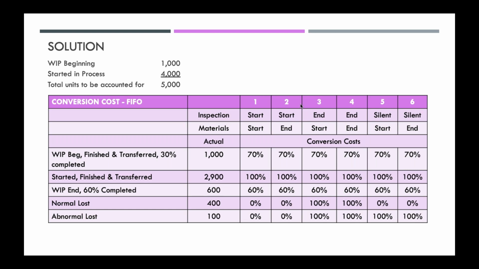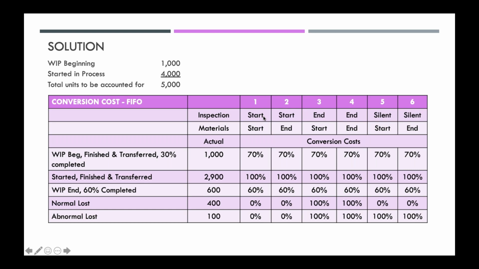So kahit na inspection point natin ay either start, ending, or during, or silent, the same yung application natin sa conversion cost. So work in process beginning, 30% complete. Kaya ang kulang na lang niya para ma-complete siya, 70%. Started, finished, and transferred, 100%. Work in process, 60%.